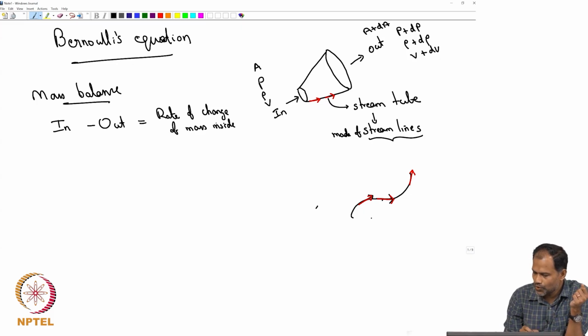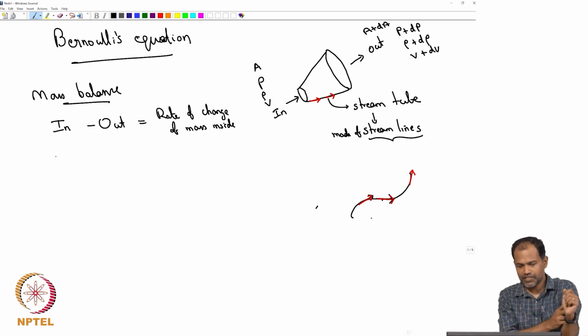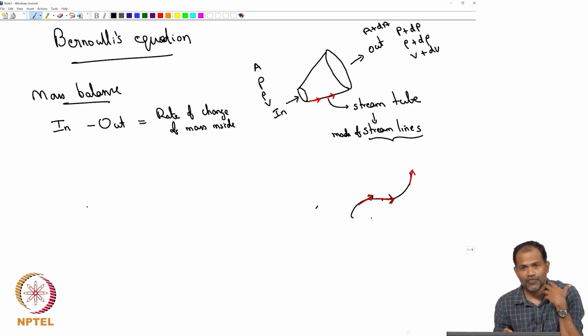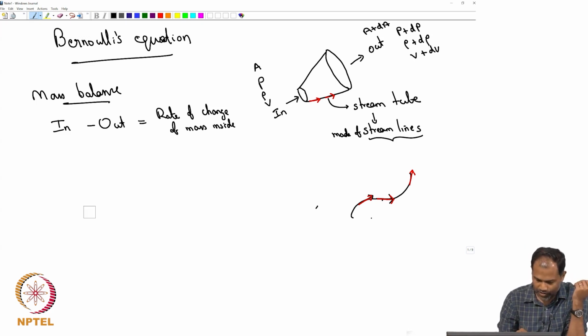So, what is the mass that is flowing into the system? That is going to be volumetric flow rate times density, but volumetric flow rate is nothing but the area times velocity.